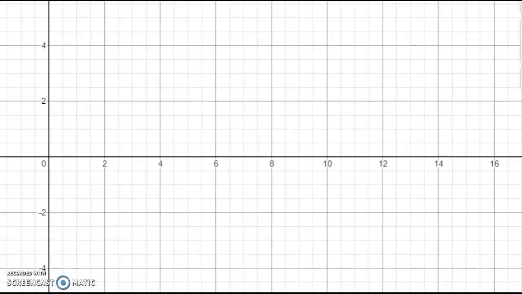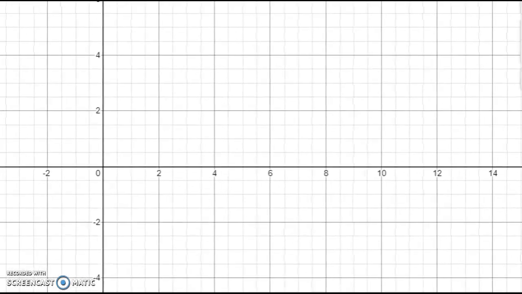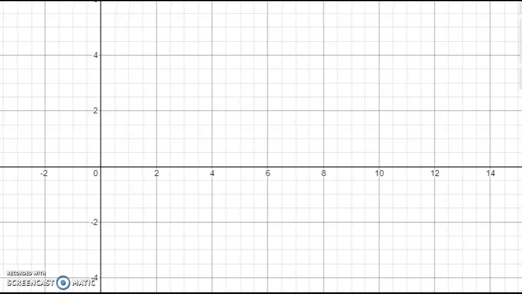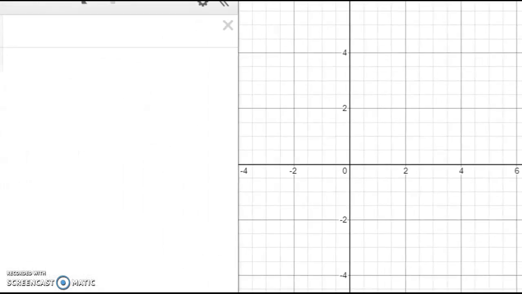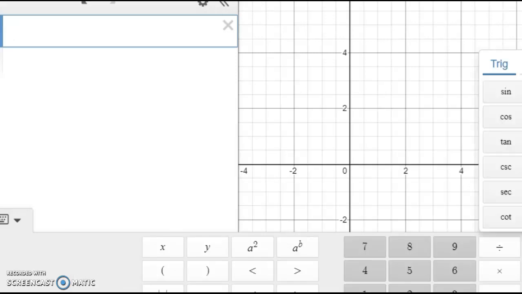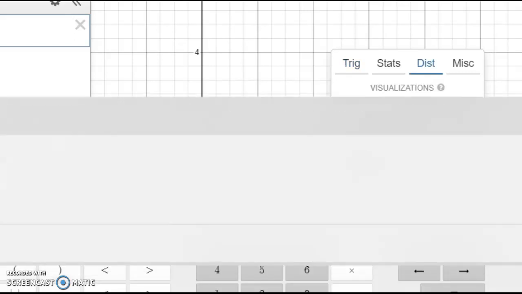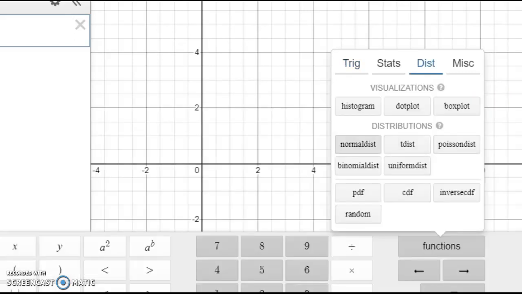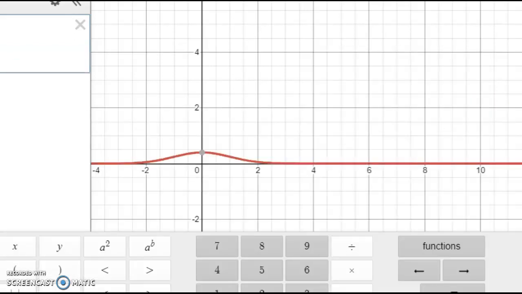What you're going to put in here is the function, and we're going to need the normal distribution one.